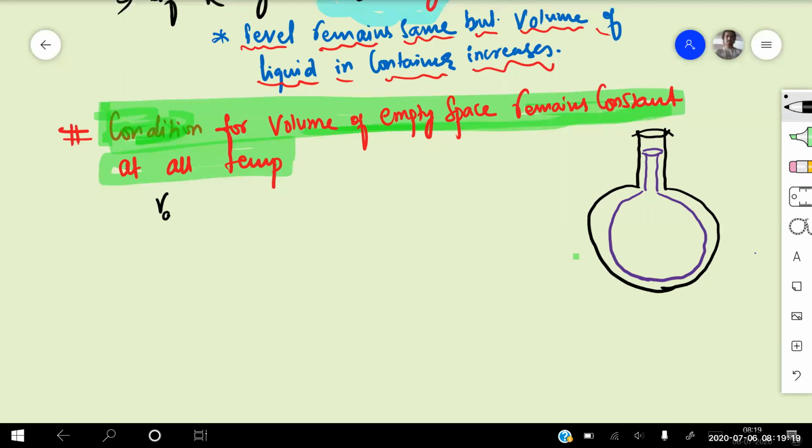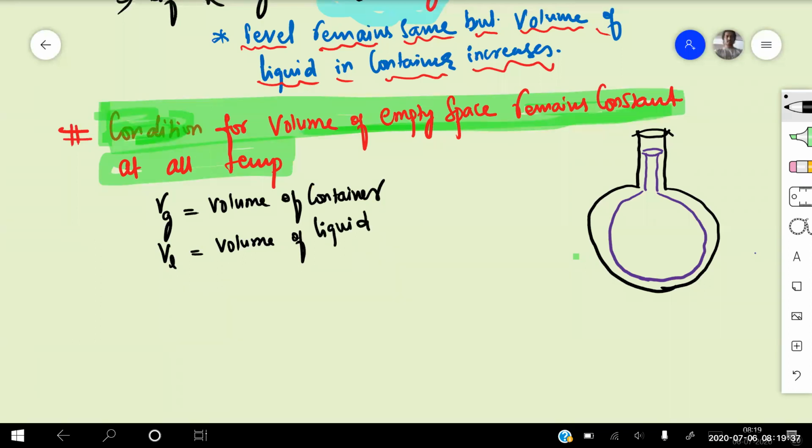So if I'm writing the first point, if Vg is equal to volume of container, VL is equal to volume of liquid, and gamma L is equal to coefficient of real expansion of your liquid.